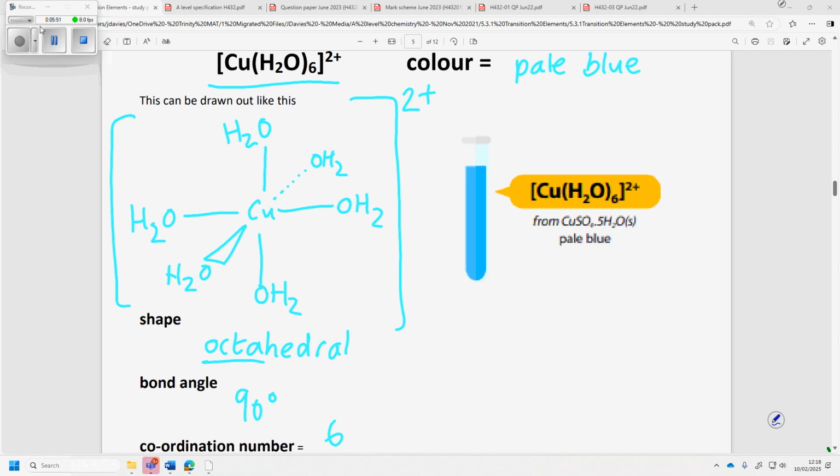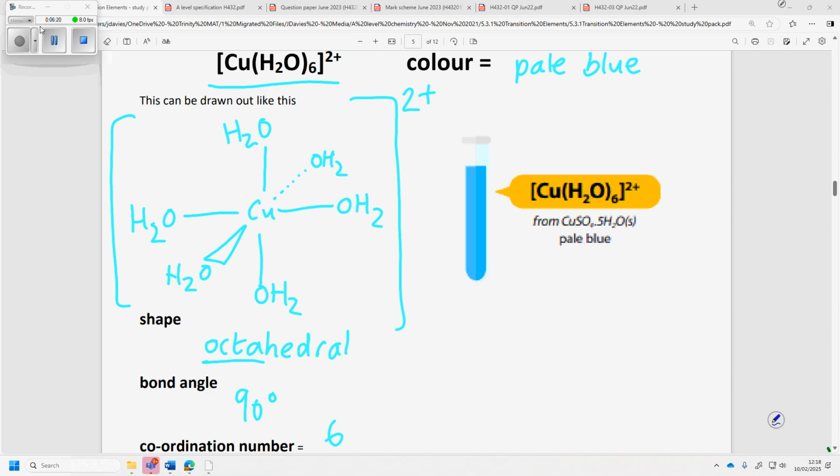So it's two square-based pyramids stuck together on the square bit. On the outside surface, there are 8 identical faces, 8 identical triangles. So although there are only 6 ligands, although there are only 6 dative covalent bonds, the name of the shape is octahedral.